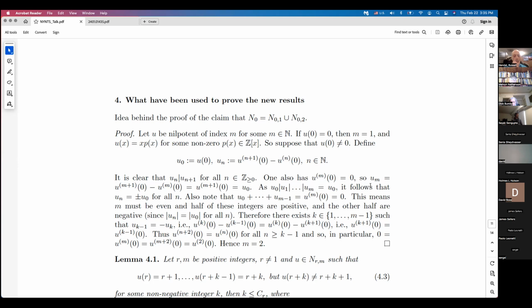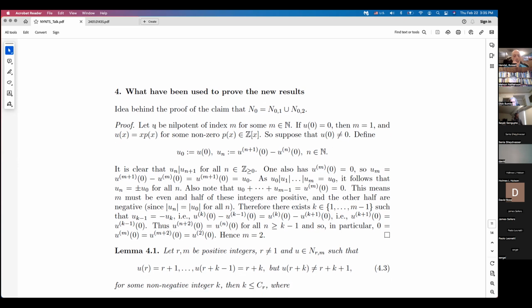So what was the idea here? You start with U, a nilpotent polynomial of index m for some positive integer m. If U is equal to 0, then we say right away that m is equal to 1, and we are done. It has to look like xp(x) for some non-zero polynomial p(x).